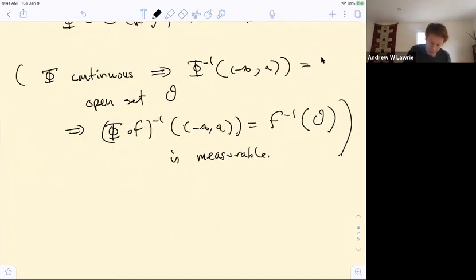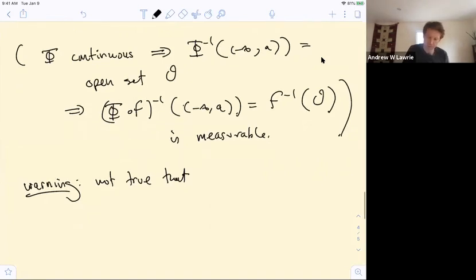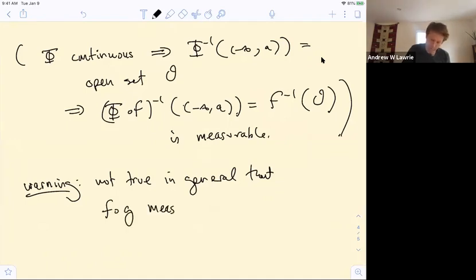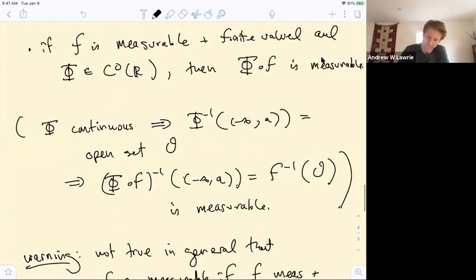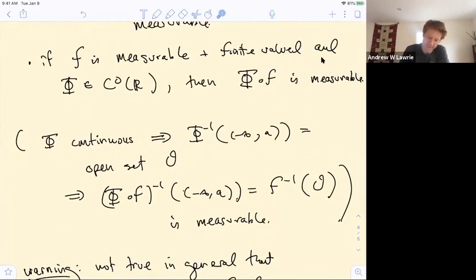So, warning: it's not true in general that f composed with g is measurable if f is measurable and g continuous. Right, we needed this outside function to be continuous here. So phi needs to be continuous.